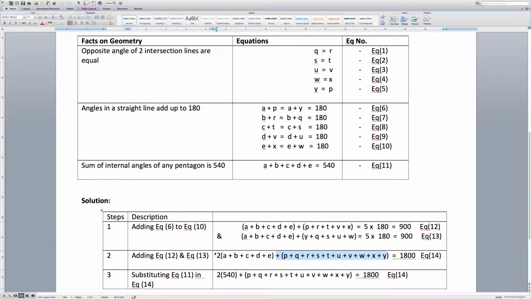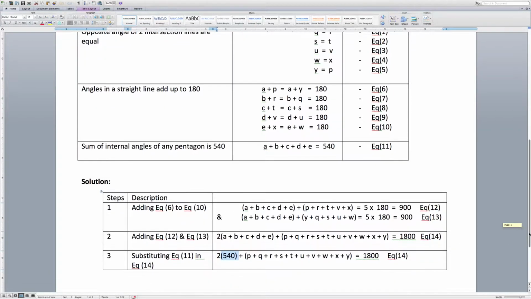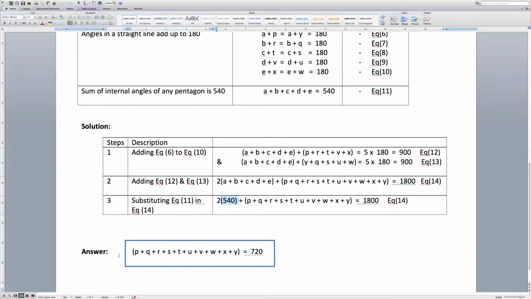If you look back, equation 11 gives you the value of this bracket. A plus B plus C plus D plus E is 540, so you can replace this bracket by 540 here, and that gives you your equation 14 in the last step. And then it becomes very easy: you take this 2 times 540 to the right hand side and subtract it so as to get your answer, which is 720.